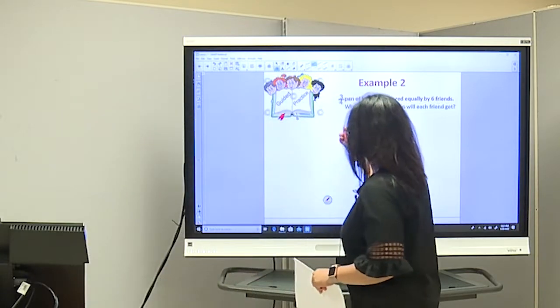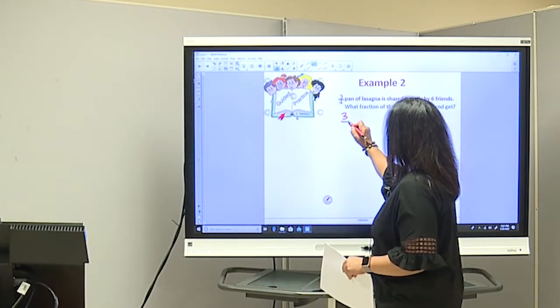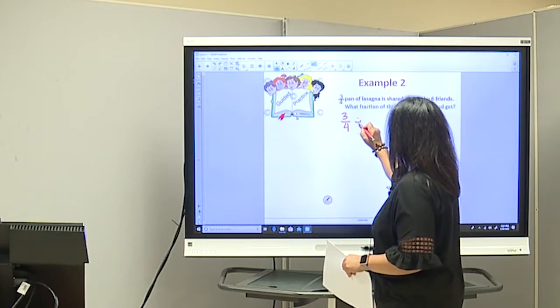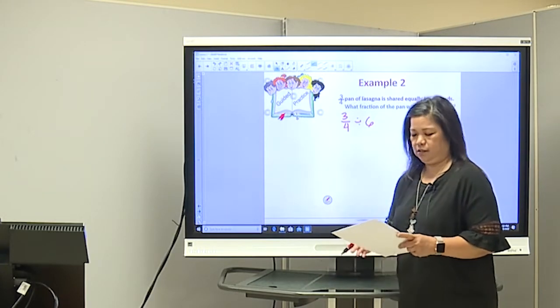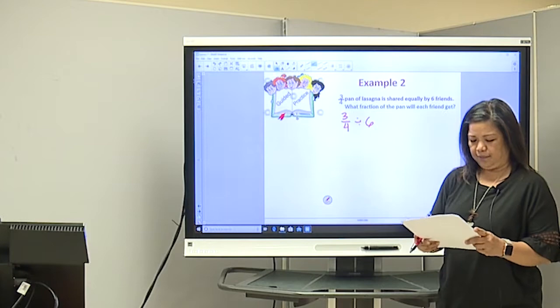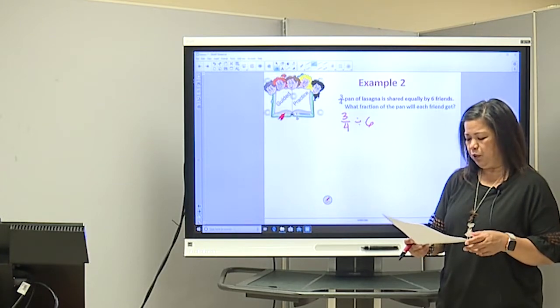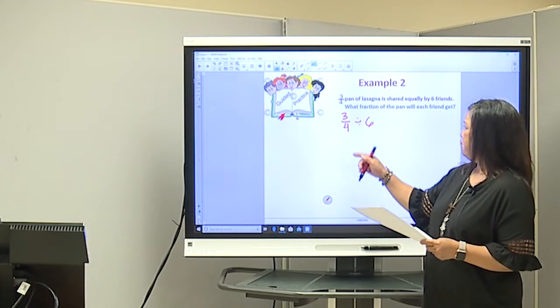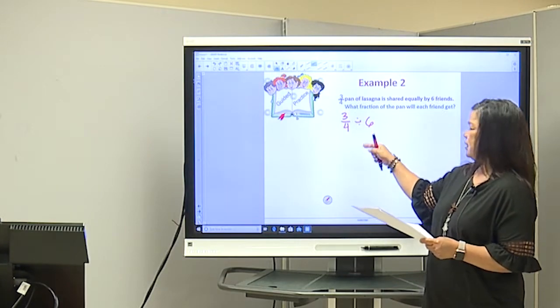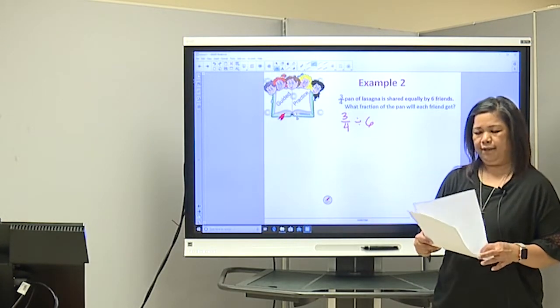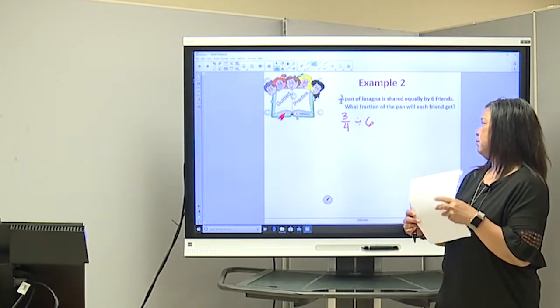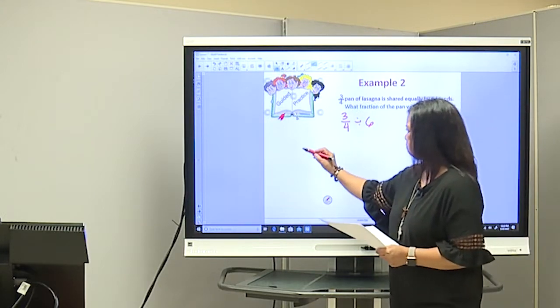Division expression: 3/4 divided by, there are 6 friends to share the lasagna. Remember, when solving this problem, we can also think 3/4 is 6 groups of what? Let's use a model before we answer that.